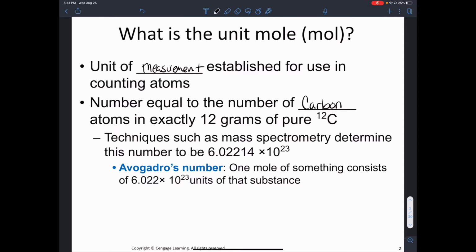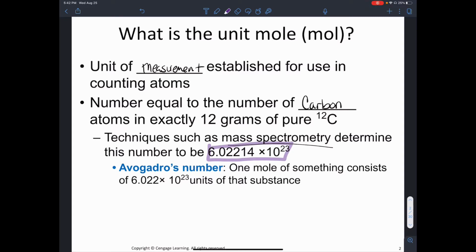And so the definition of a mole is based on the atom carbon, and everything else is relatively larger or smaller based on its mass. We use techniques such as mass spectrometry to determine the number of atoms that actually make up a mole to be the following.